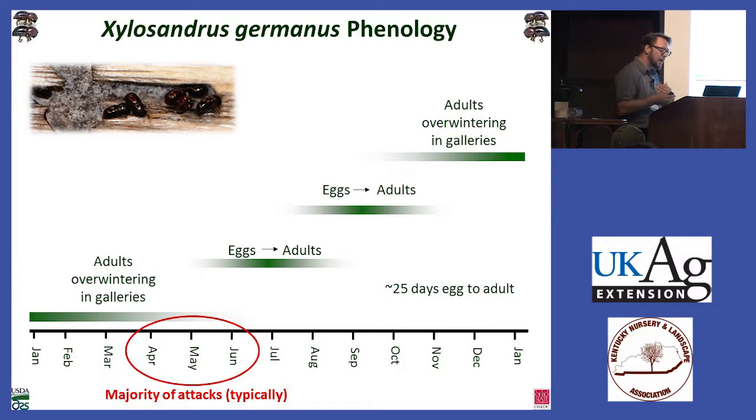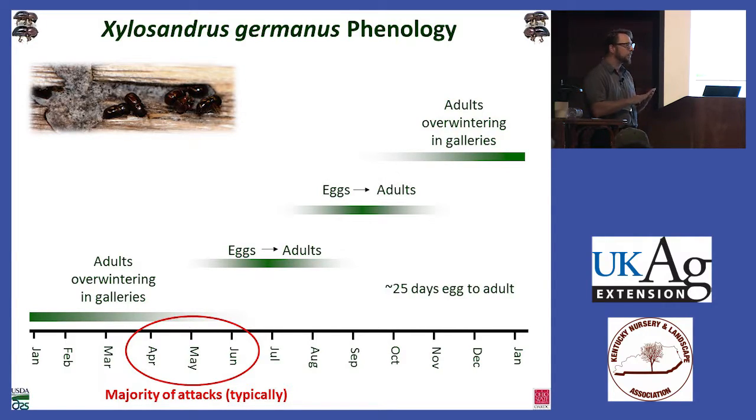For us in Ohio, the majority of attacks generally occur in the spring. We do get reports on occasion of growers observing attacks on trees in the fall. In particular, it's always been honey locust, for whatever reason, that they thought was attacked in the fall. But when we cut into those trees, we found there were males, larvae, and pupae.